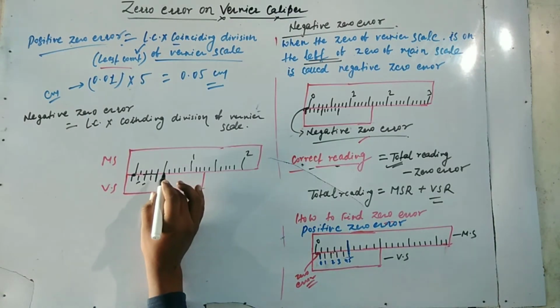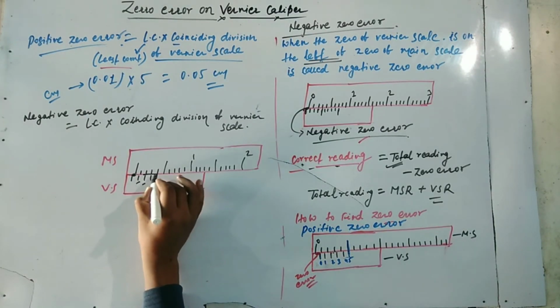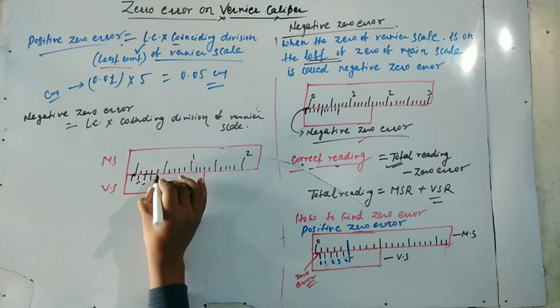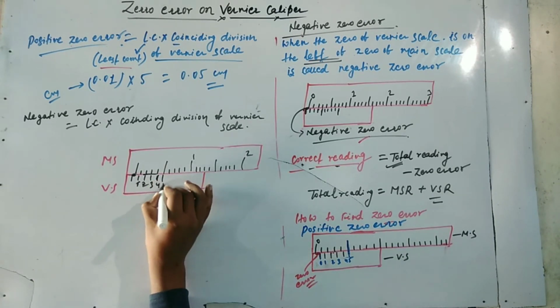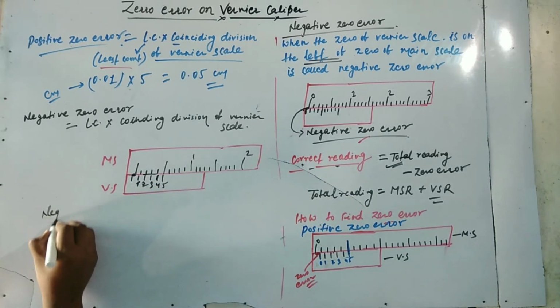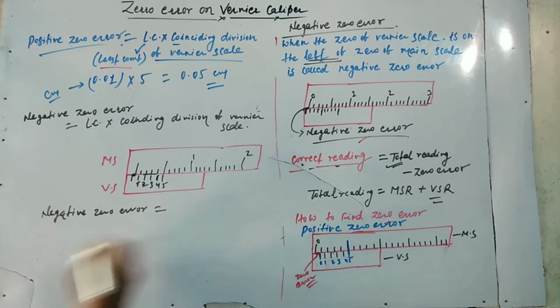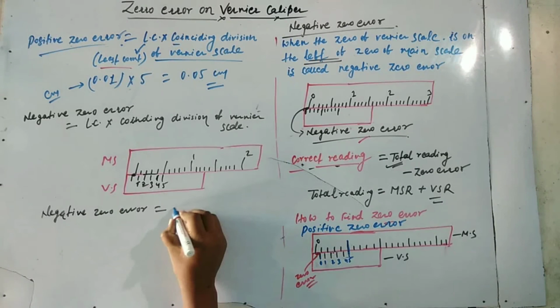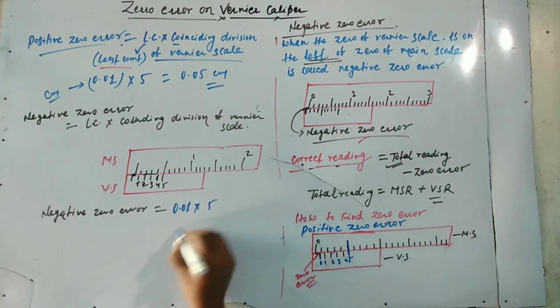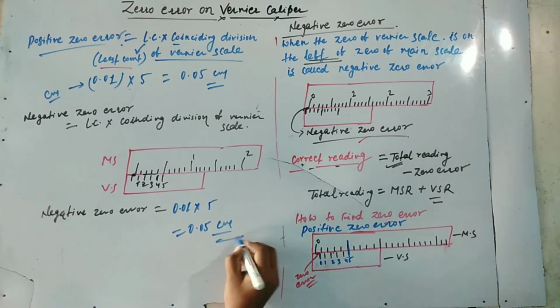And now we will count the vernier scale division. So we count 1, 2, 3, 4, 5. So negative zero error, LC is equal to 0.01 into 5 is equal to 0.05 cm.